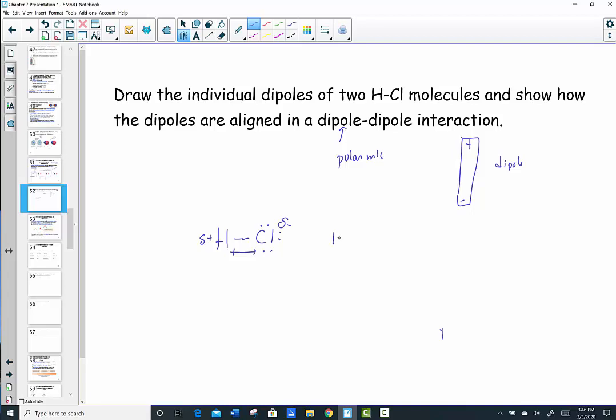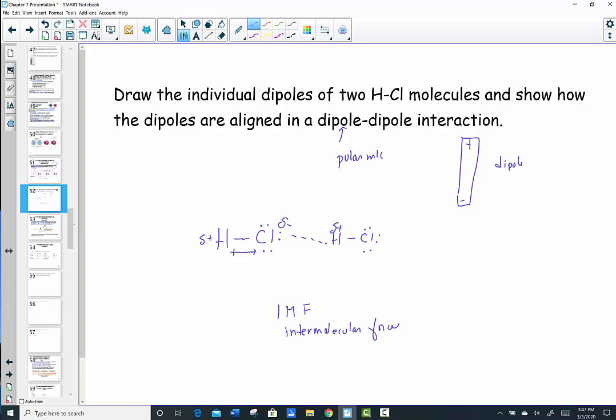Well, the chlorine from one hydrogen chloride molecule would be attracted to a hydrogen from the other hydrogen chloride molecule, and we set up not a true bond, but an interaction called a dipole-dipole intermolecular force. And so that's what we just drew.